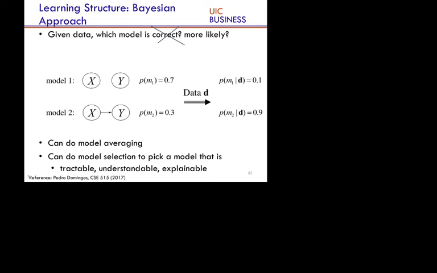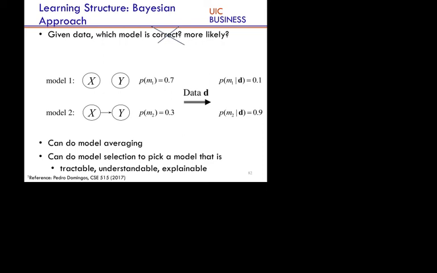Given the data, we can figure out the probability of the model given the data. It's like a posterior. In Bayes rule, I have a prior, I've been given data, and I want to predict the probability of the model given the data. Maybe given the data, it's clear that there is a dependence between x and y. Then your numbers would get updated.